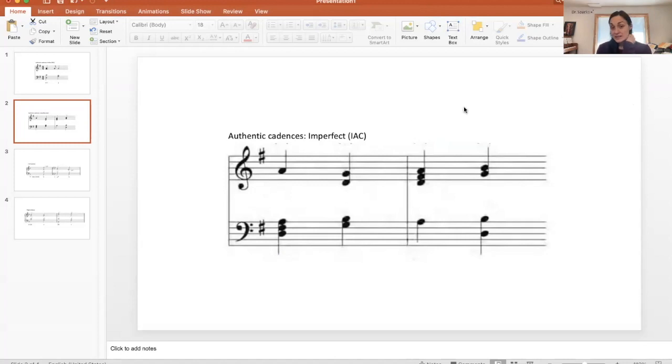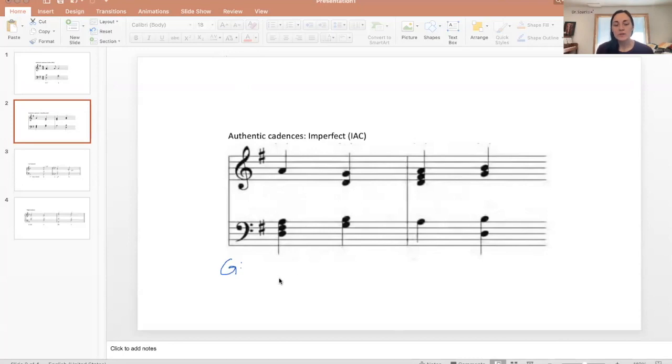So let's analyze this. We're in G major again. And we know this one is a 5/1. We've got a 5 chord lined up here, which looks a little different than what you're going to see on the AP exam. This is a little bit more like a keyboard example, but we can imagine that the A is up above, or even that the F is up here.